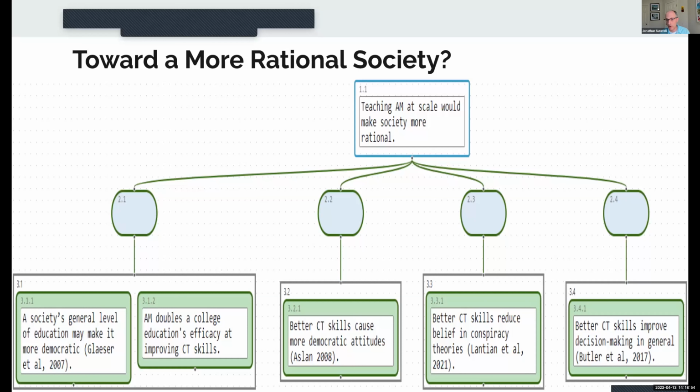And lastly, better critical thinking skills improve decision-making in general, whether it be decisions about finances, interpersonal relationships, health, driving your car, not getting into accidents, anything, life outcomes. Again, a study finding an association. So a bunch of hypotheses.